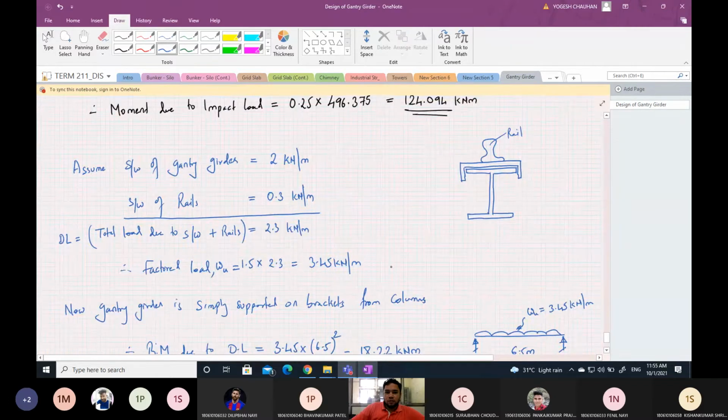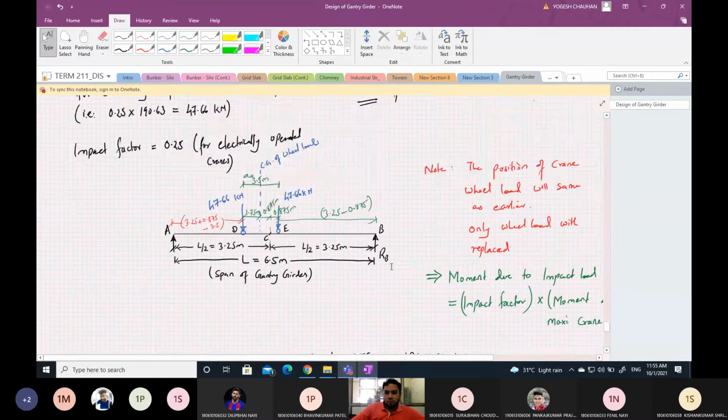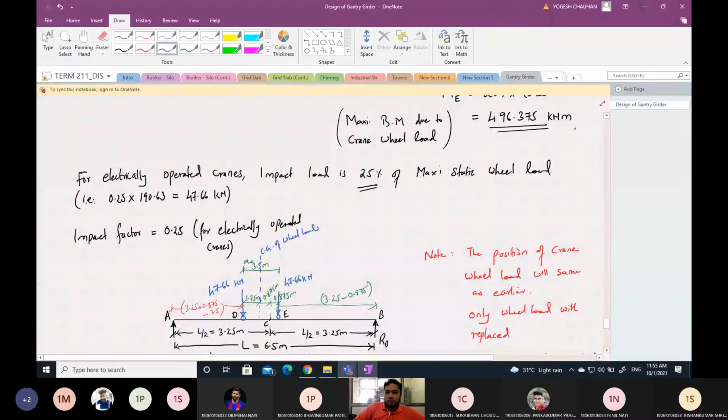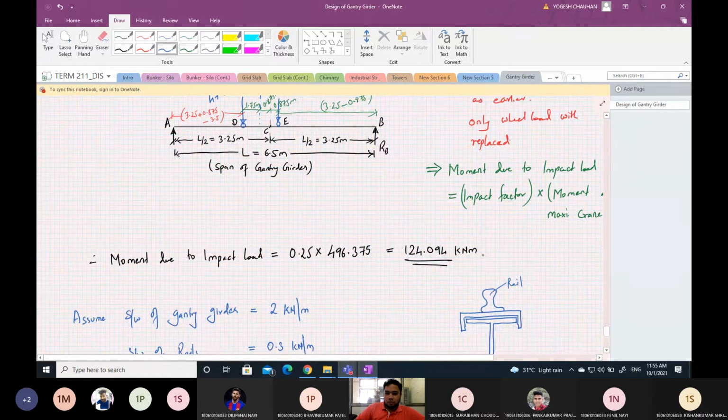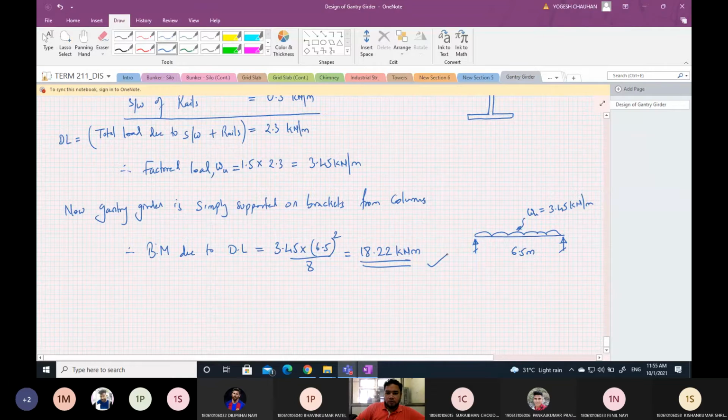Okay, so the total moment will be equal to the sum of these: the moment due to the crane wheel load, then the moment due to the impact load, and the moment due to the dead load.